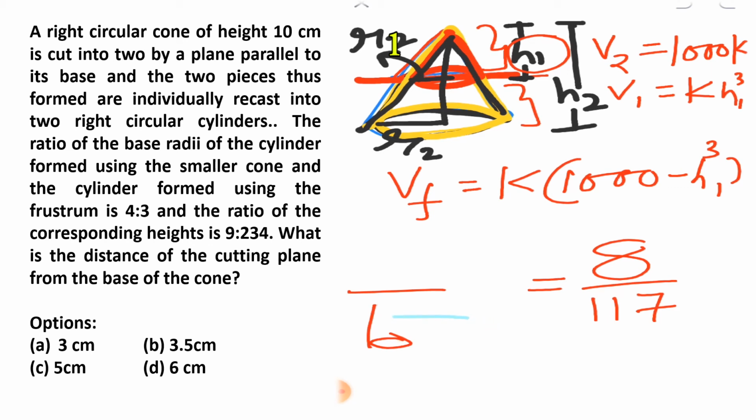That was 8 by 117. That means V1 by Vf is equal to 8 by 117.